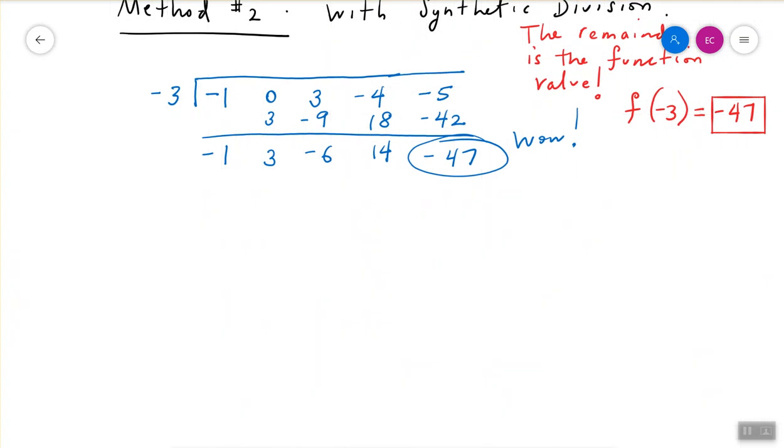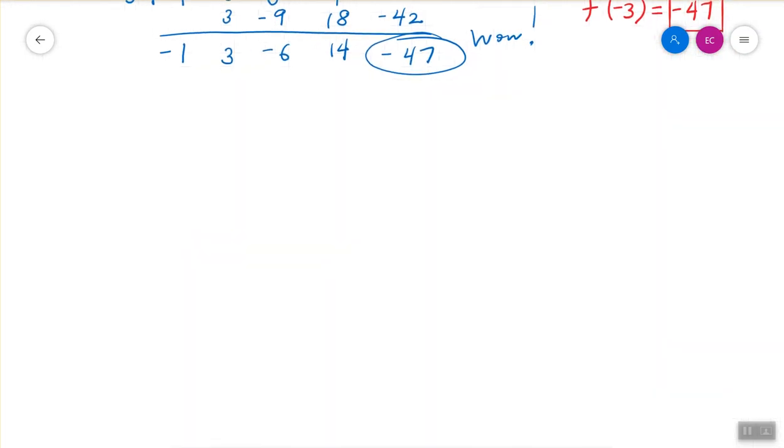Shall we do one more? Let me show you what the directions are going to look like in your homework. We'll call this example 6.